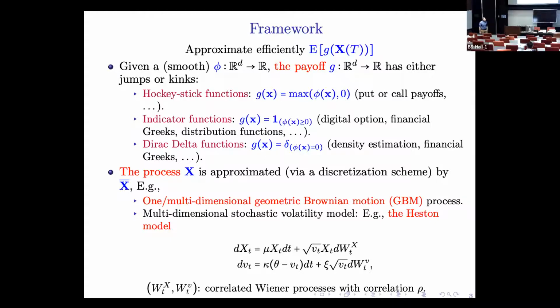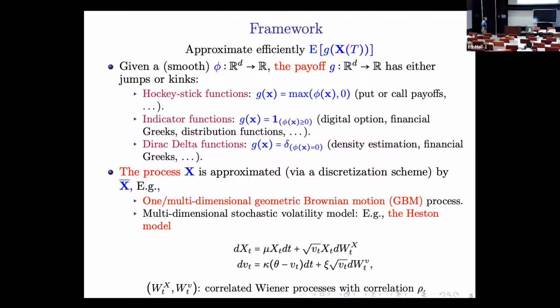In that case, you have digital options, barrier options, or you can extend this to financial Greeks if you apply pathwise differentiation methods, or also distribution functions, something that is not related to finance, for instance. The third application is where G is a composition of a Dirac delta function with the function phi. In that case, you have the density estimation application, and this can also be extended to financial Greeks.